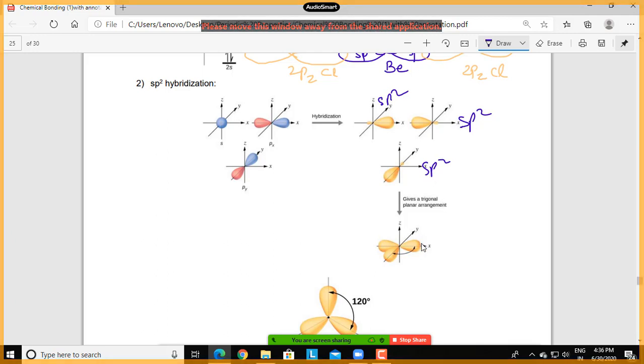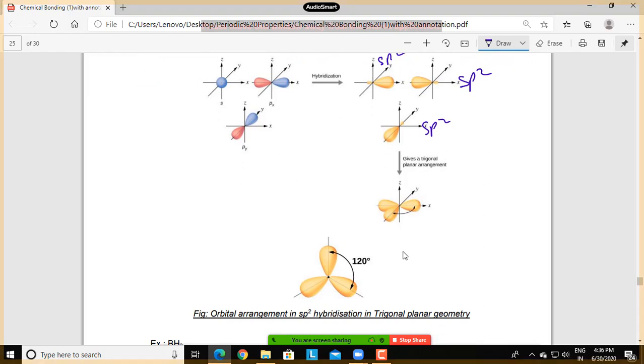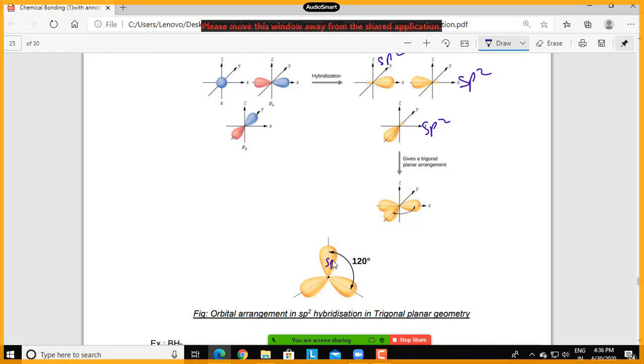लेकिन if nucleus holds all three sp2 hybrid orbital, how will be the shape? How it looks? The shape will be trigonal planar. It is a new shape. The orbital arrangement of sp2 hybrid orbital. This is sp2. This is sp2, and this is sp2. And this shape will be trigonal planar.